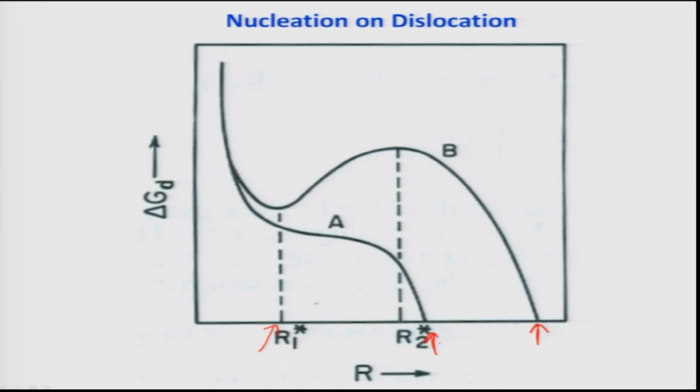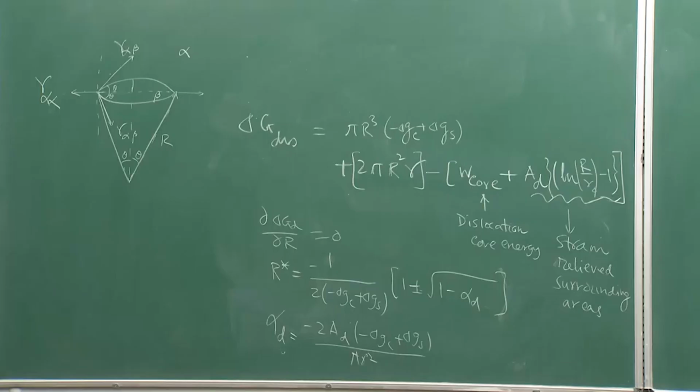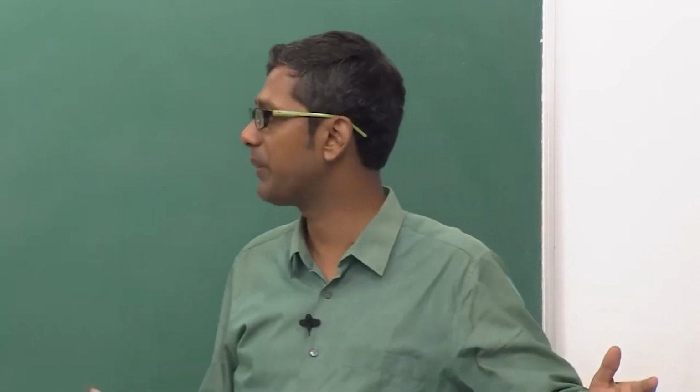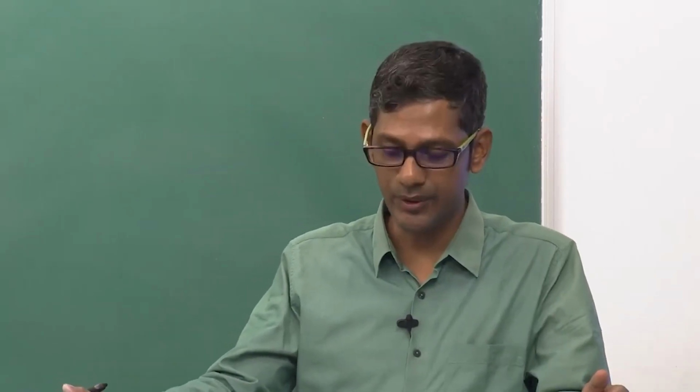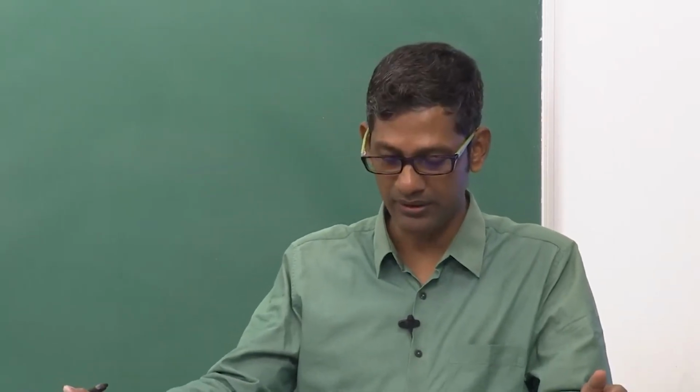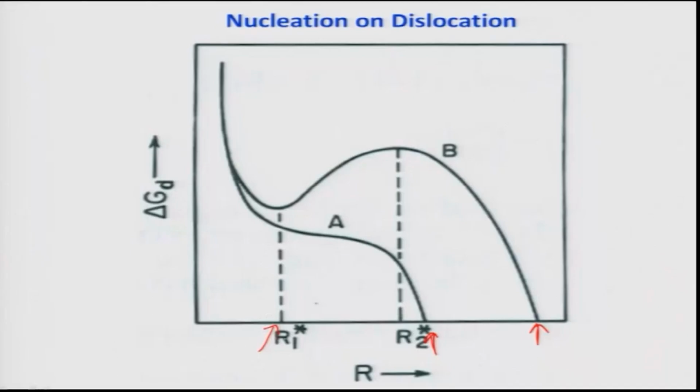This has actually been seen, depending on the type of dislocation energies. If alpha d is very small, it does not matter, but if alpha d is substantially high compared to the other parameters, then this becomes very strong, and in that case you can have two different values of R star. Actually what does it mean? It means one system can select two different R star, one small value, one high value.